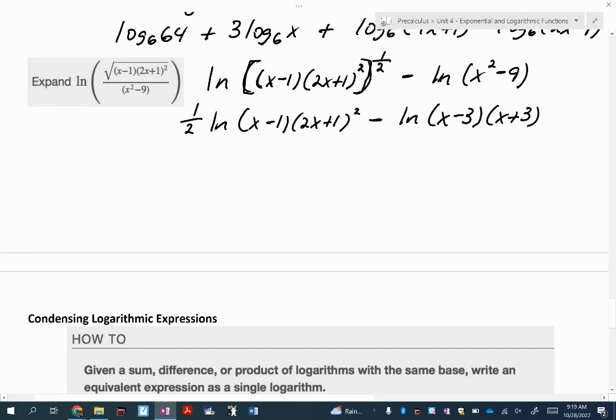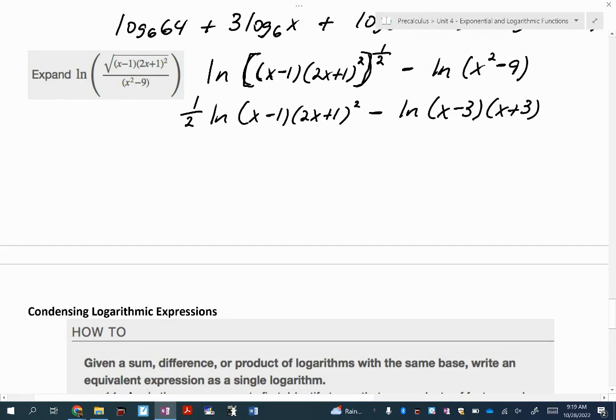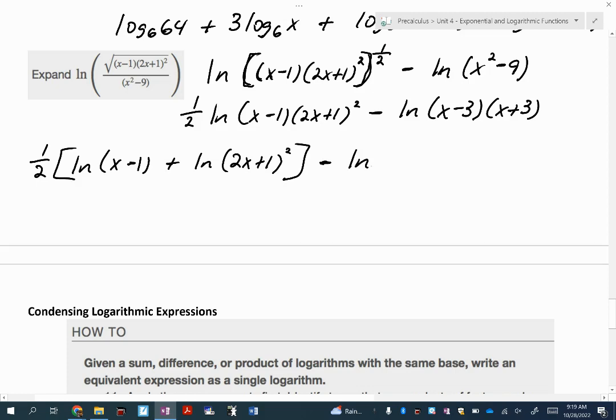Now, when I expand that first logarithm, that 1/2 is going to be in front of both of these things. So natural log of x minus 1 plus the natural log of 2x plus 1 squared, minus, I'm going to expand this, the natural log of x minus 3 minus the natural log of x plus 3.